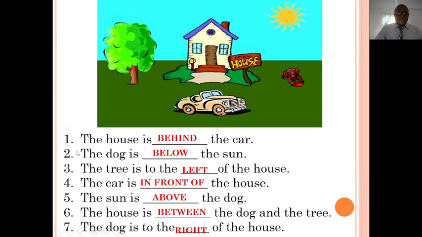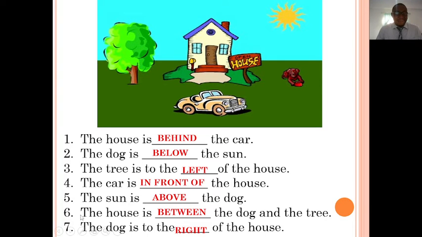So one more time, the house is behind the car. Number 2, the dog is below the sun. Number 3, the tree is to the left of the house. Number 4, the car is in front of the house. Number 5, the sun is above the dog.